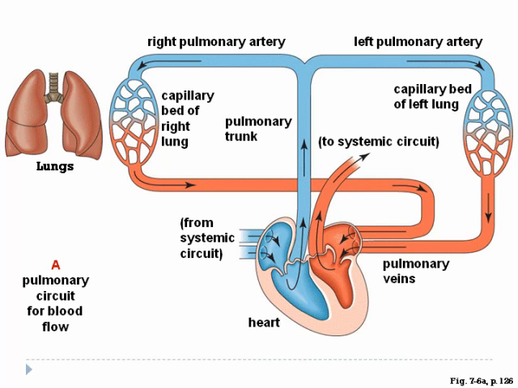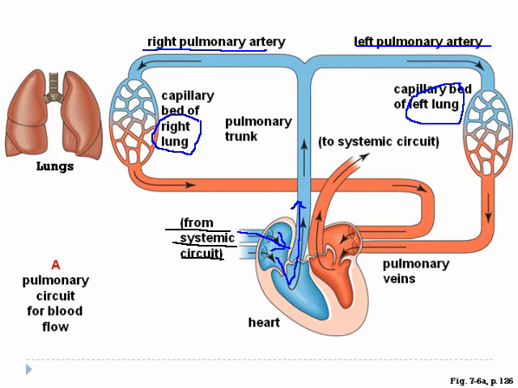This figure also helps with that, and it shows the red and the blue, and it shows you the lungs. So blood coming from the systemic circuit, or from the body, comes into the right atrium and leaves by those pulmonary arteries, and it goes to the lungs where it picks up oxygen.